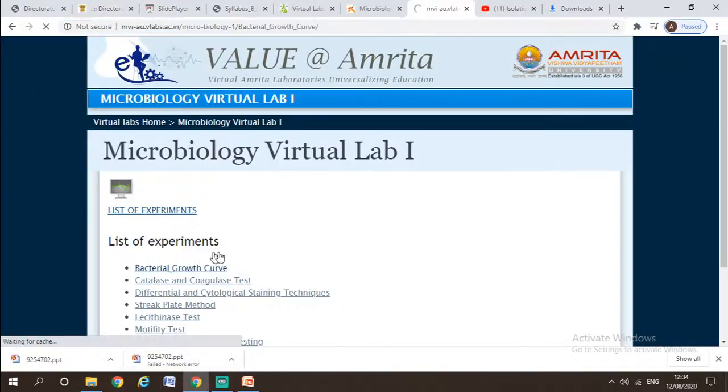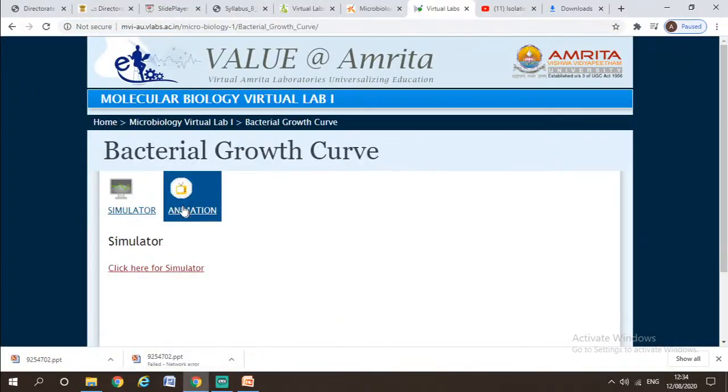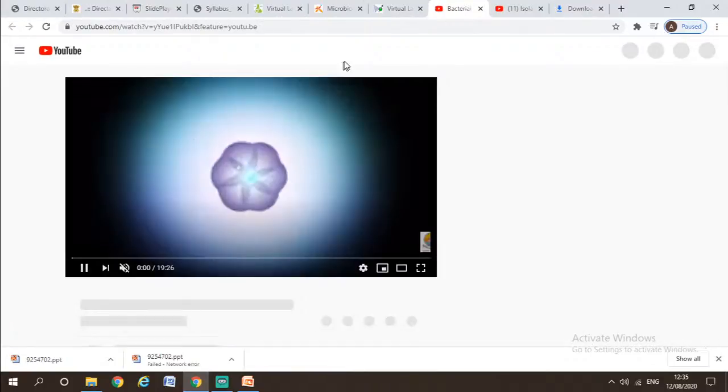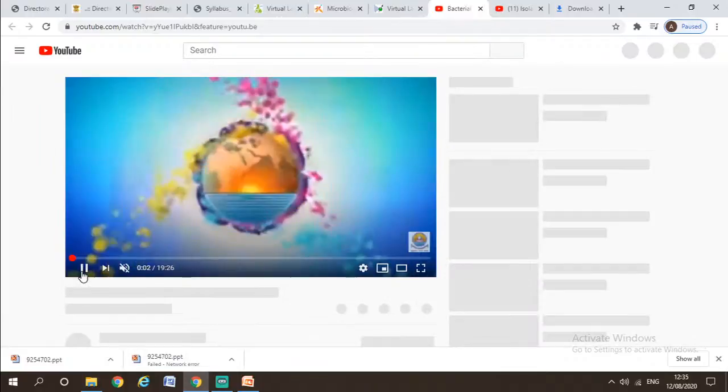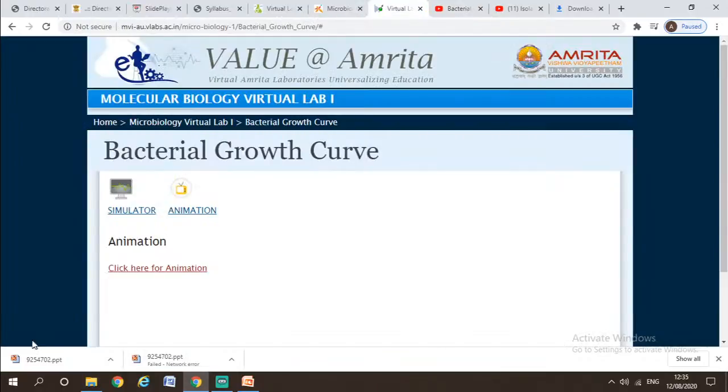See how isolation of pure culture is done. This is also one of the experiments, that is the bacterial growth curve.